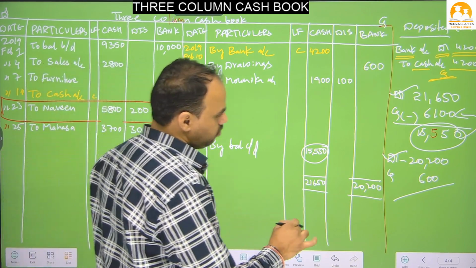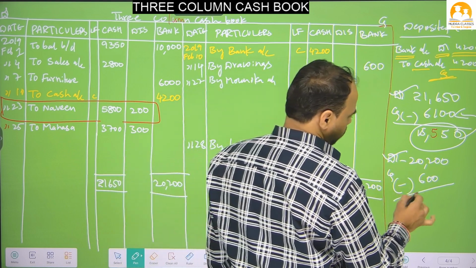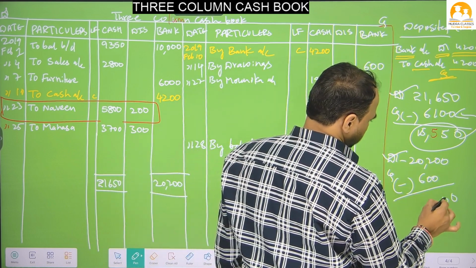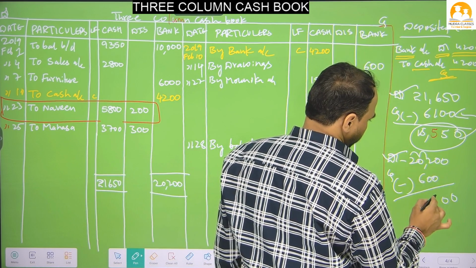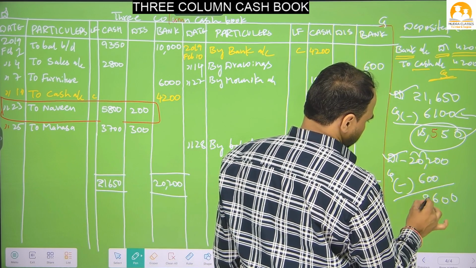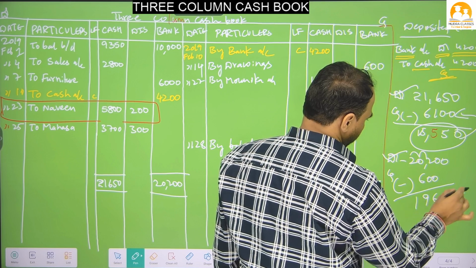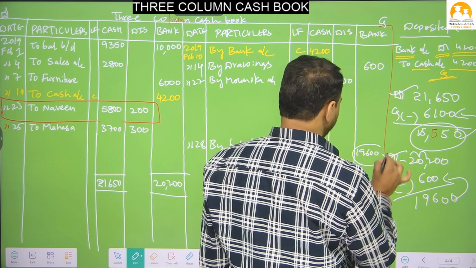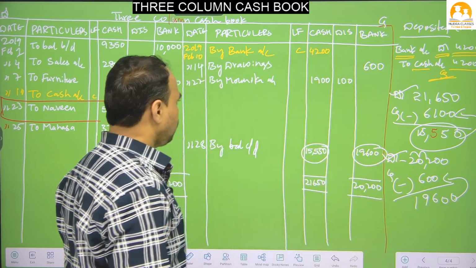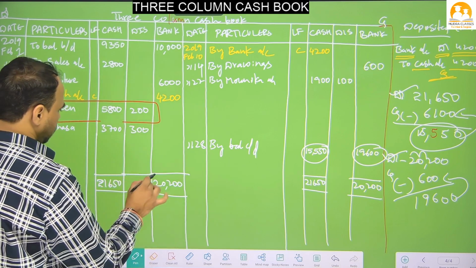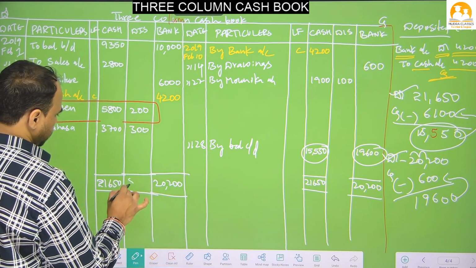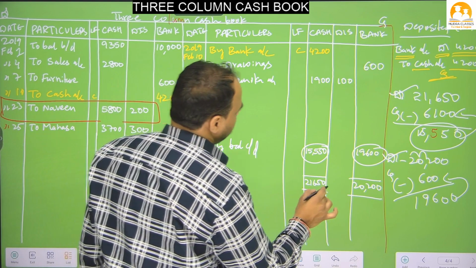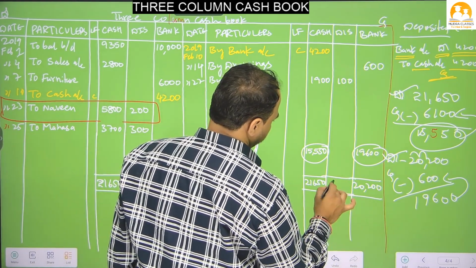Now subtract the small amount from the big amount: 19,600. Write it on the credit side. Now total the discount column: 300 plus 200 is 500, and here 100 rupees.